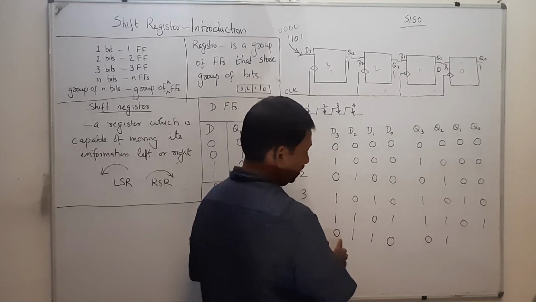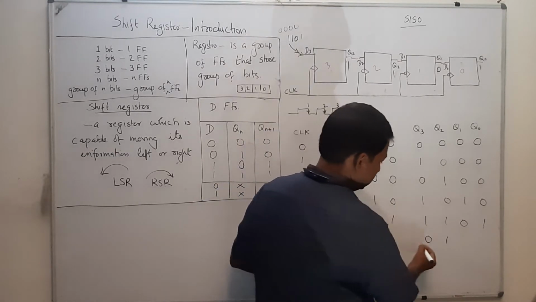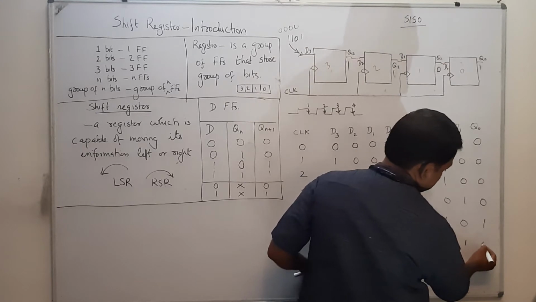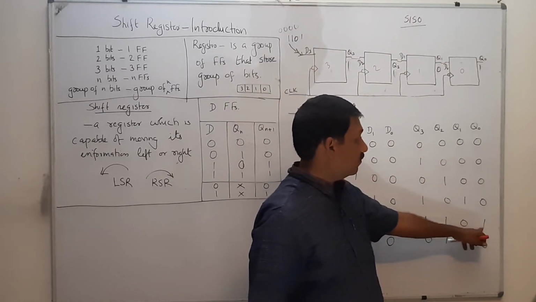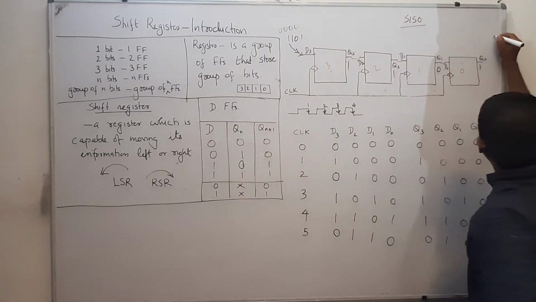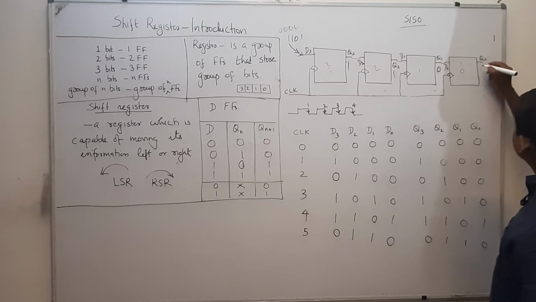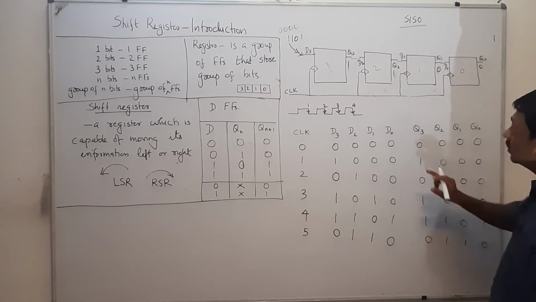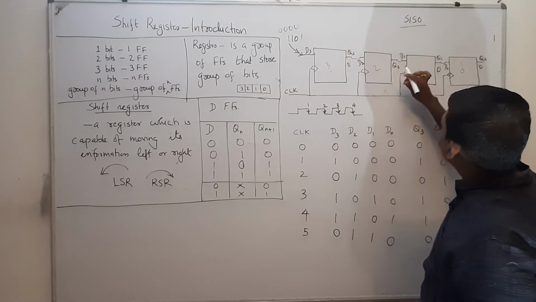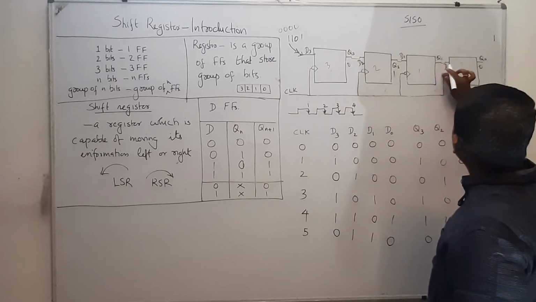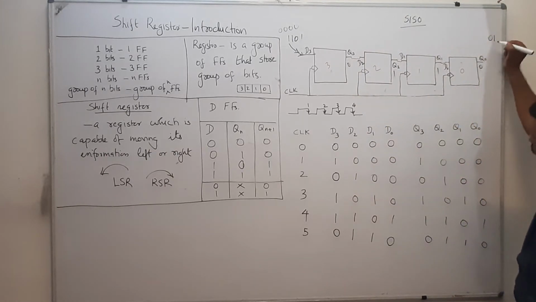Definitely this will be set as 0 1 1 0, and we have already taken the 1 as output previously. Now the value of Q0 is 0, so the values are 0 1 1 0 and the output is 0.